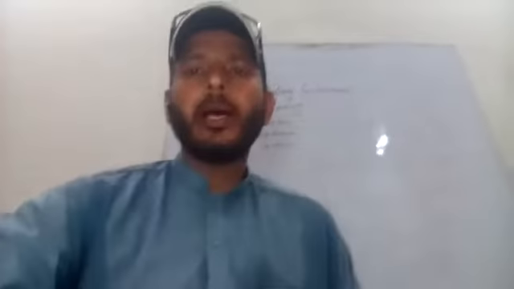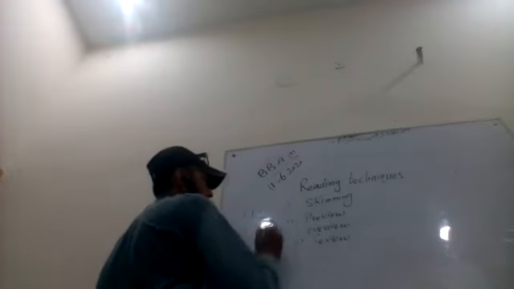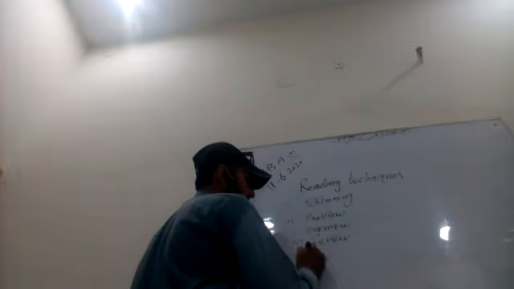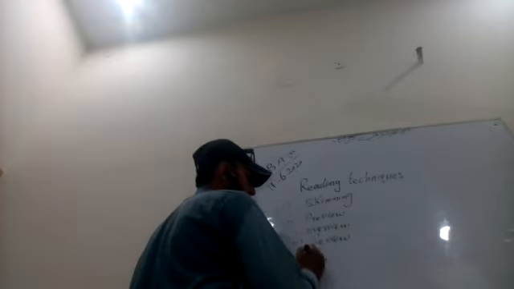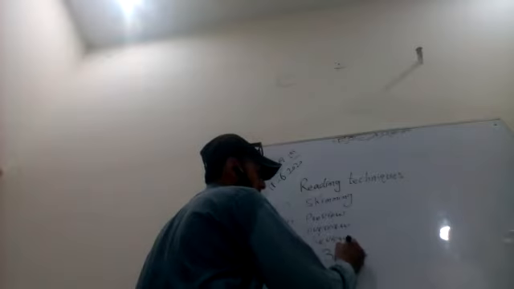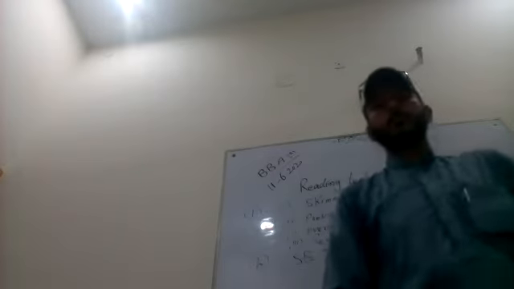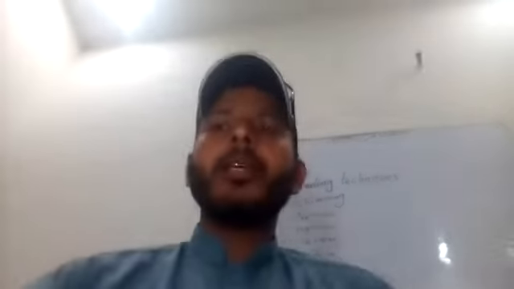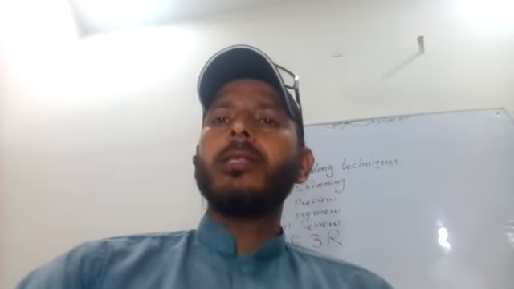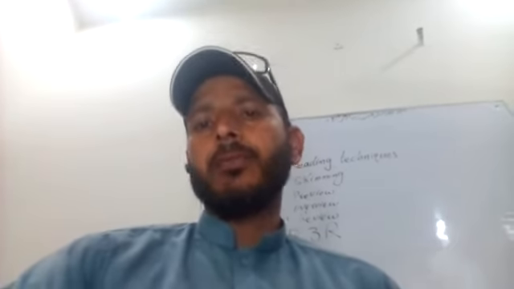And now the second technique is SQ3R. SQ3R is a reading technique, a comprehension method with 5 steps: S, Q and R 3 times.